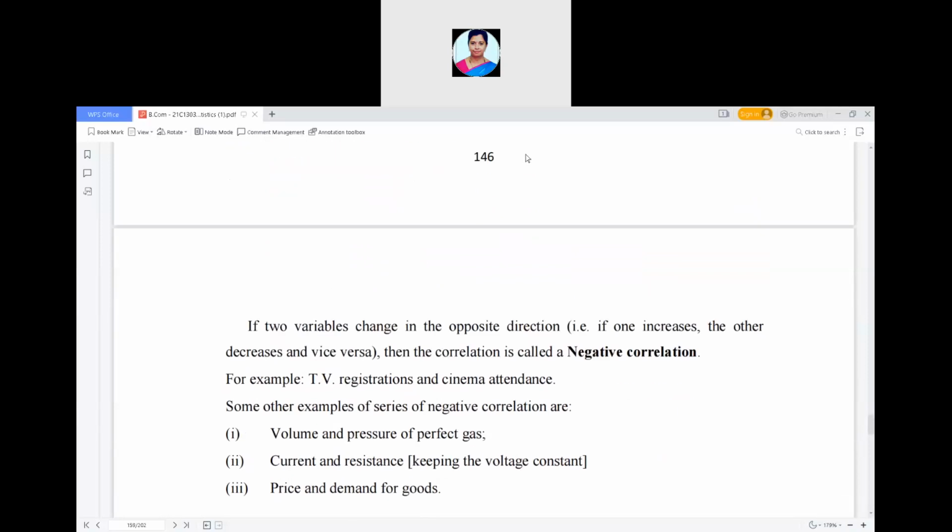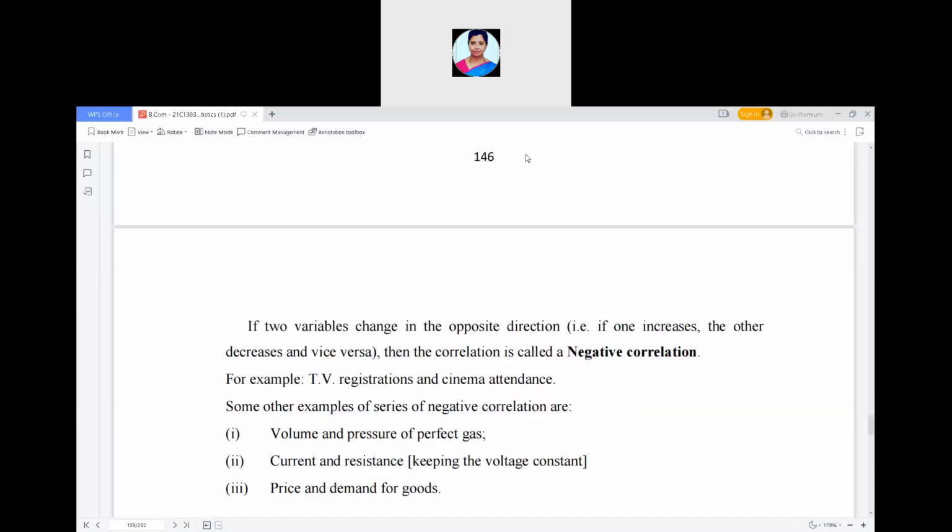Negative correlation is when two variables change in opposite directions. That is, if one increases the other decreases, and if one is decreasing the other increases. Then the correlation is called negative correlation.